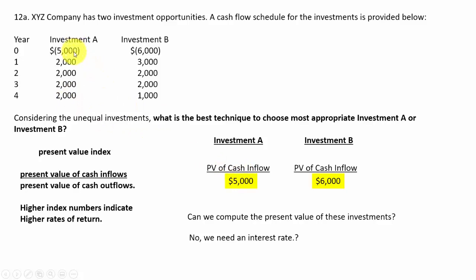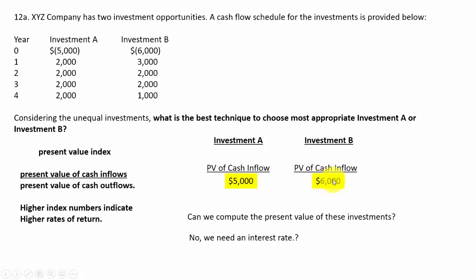Do the same thing for investment B, which would be the present value of cash inflows, which would be these uneven amounts. In that case, you couldn't use the present value of an annuity. You have to use the present value of a single amount, so you'd have to make these 4 calculations, add them all up, and then divide by $6,000.